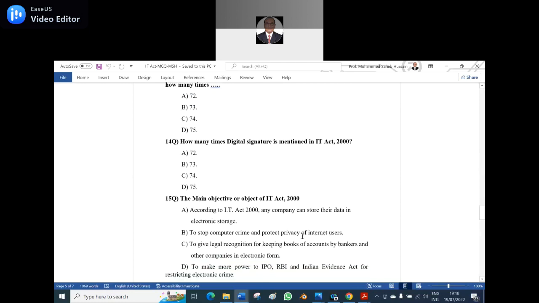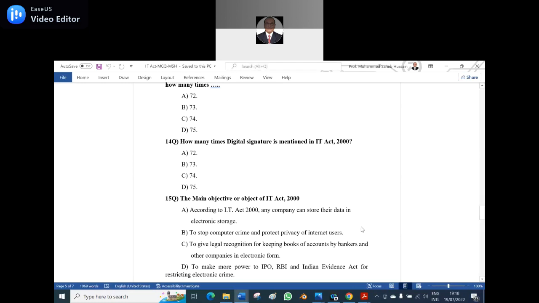Then the 15th question. The main object of the IT Act 2000. A, according to IT Act 2000, any company can store their data in electronic storage. B, to stop computer crime and protect the privacy of the internet users. C, to give legal recognition for keeping books of accounts by bankers and other companies in electronic form.